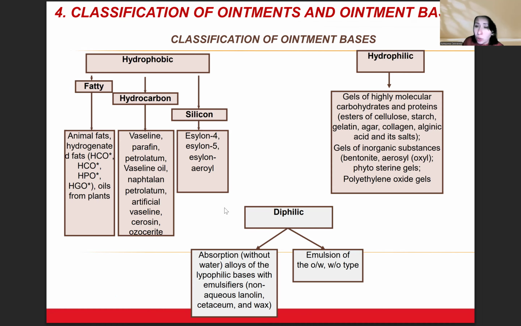It has very high osmotic pressure. What does it mean? Osmotic pressure means when you apply it on the wound, it absorbs water and absorbs a lot. That is why polyethylene oxide ointments are very popular when you need to treat something where you have some infection or you have some burns.